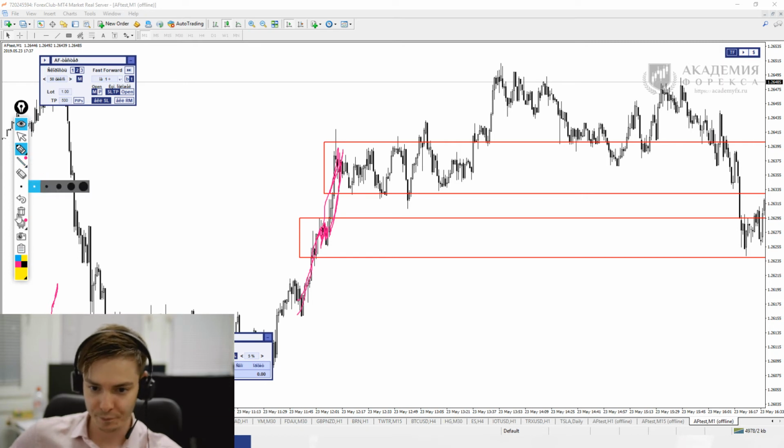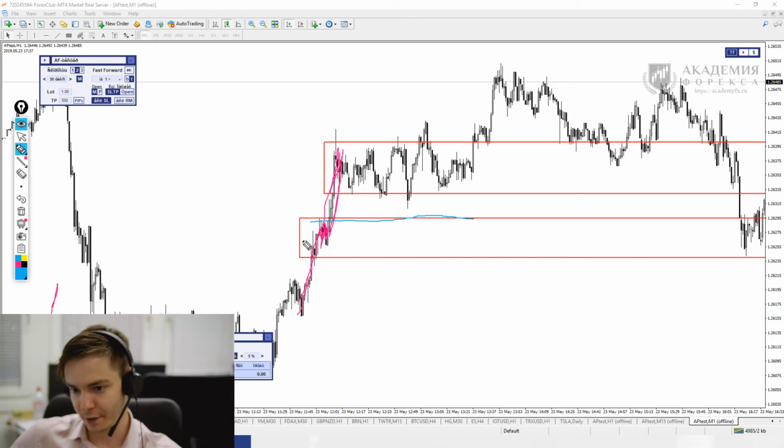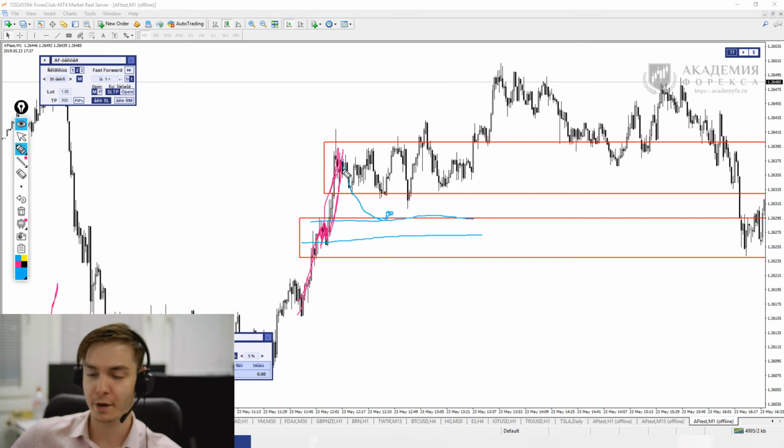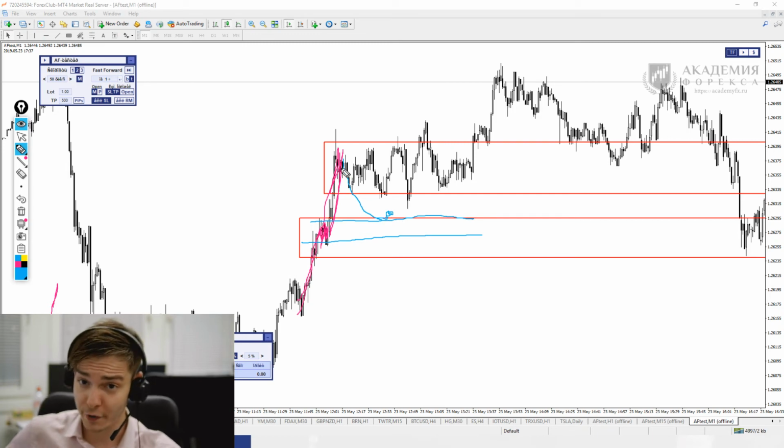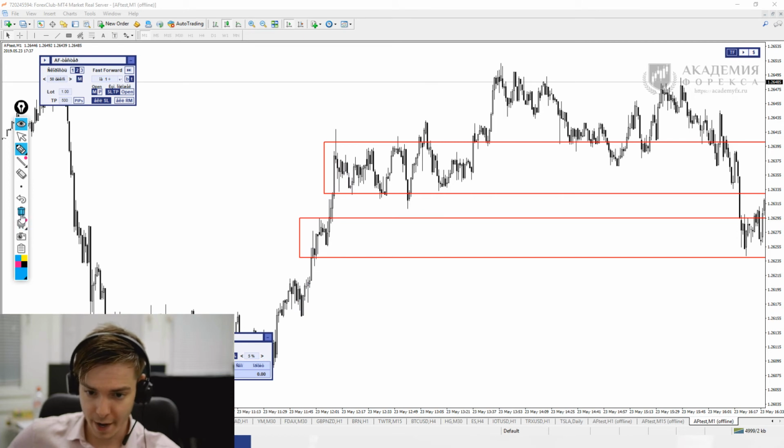We have the first touch tactic. If market is able to go to this consolidation, just touch, and from the fractal we can open the position. It's a more aggressive tactic. Then we have the second one.